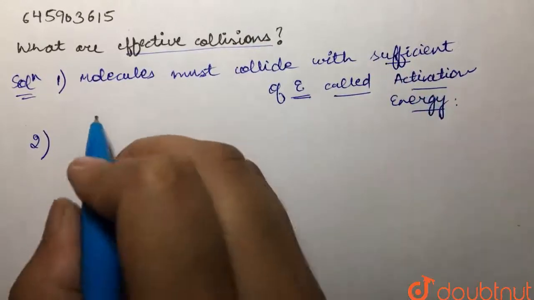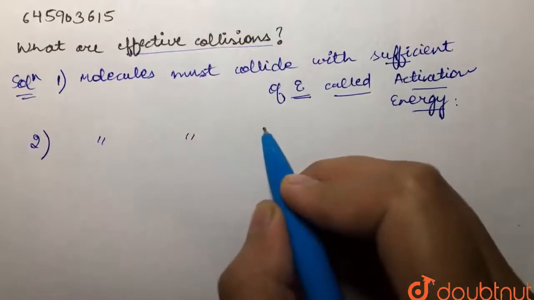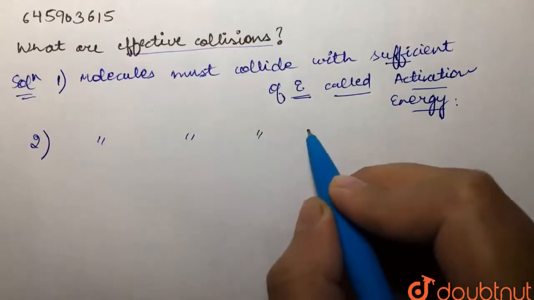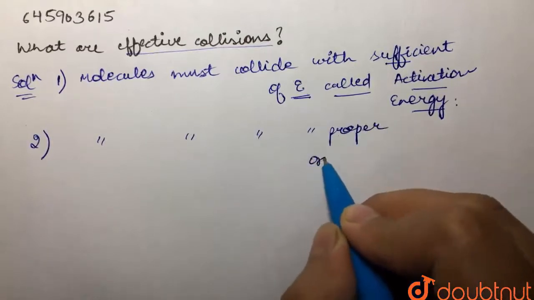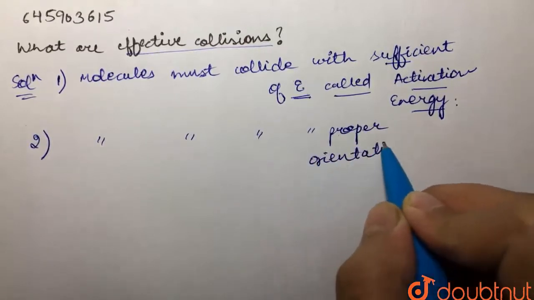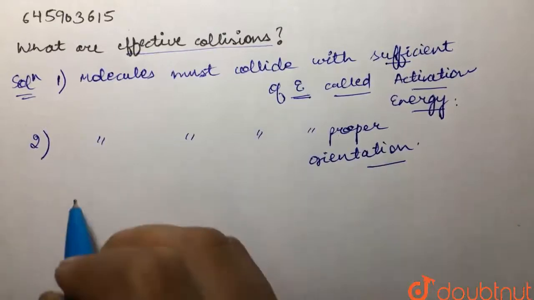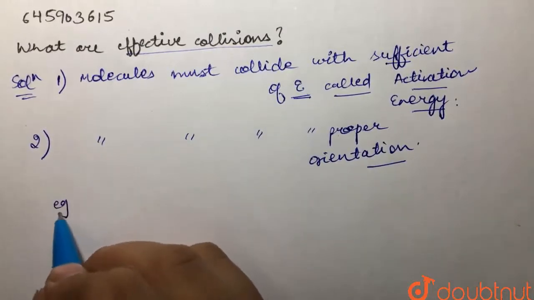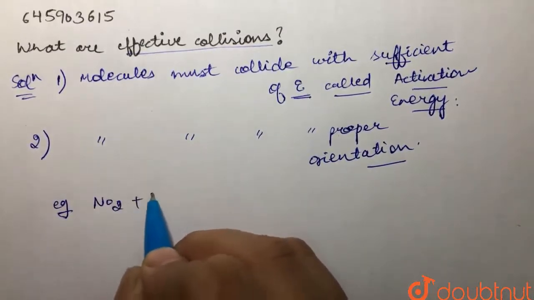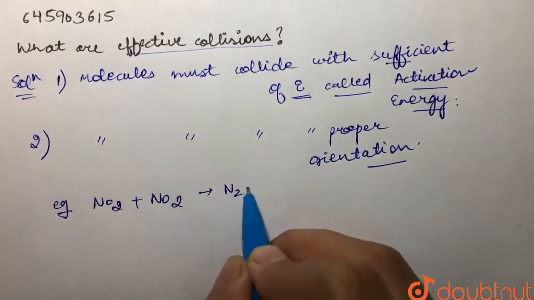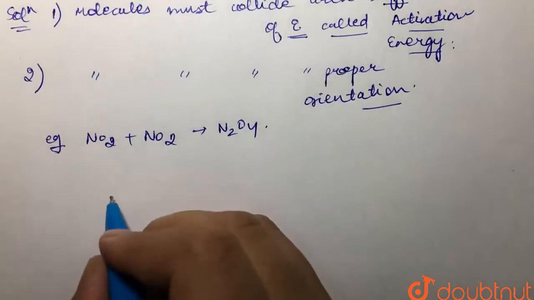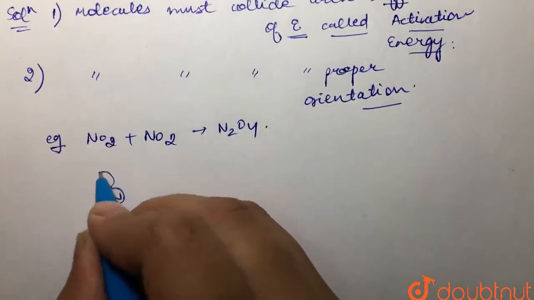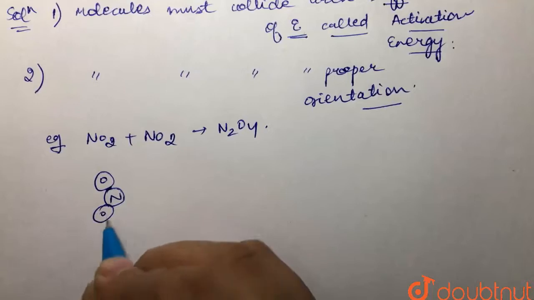The second is that molecules must collide with proper orientation. What do we mean by proper orientation? For example, if two NO2 molecules are reacting to form N2O4, and we consider them like balls, we have nitrogen, oxygen, and oxygen.